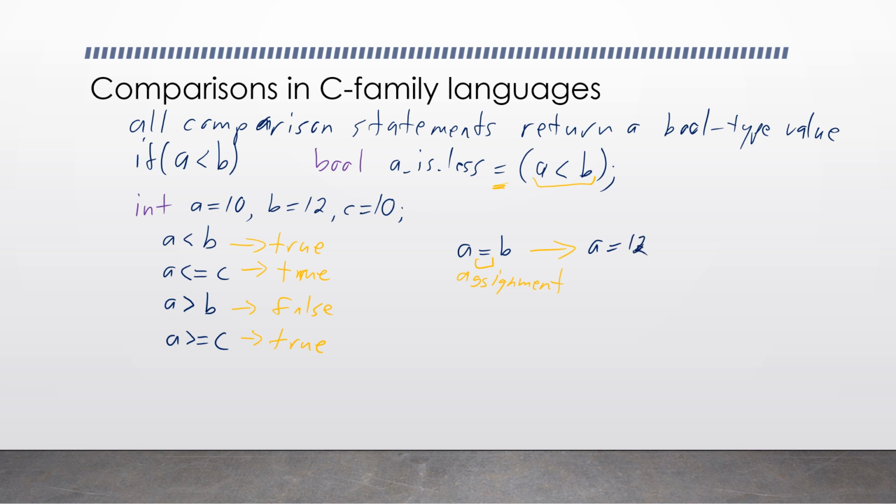Copies the value from B into A. That's not what we want, so that is not what we would do. In C++, if we want to test if two things are equal, we use a double equals sign. So A double equals B asks the question, does A equal B? And that, of course, is false, assuming we didn't already execute this statement that makes A 12. If A is still 10 and B is still 12, then A does not equal B.